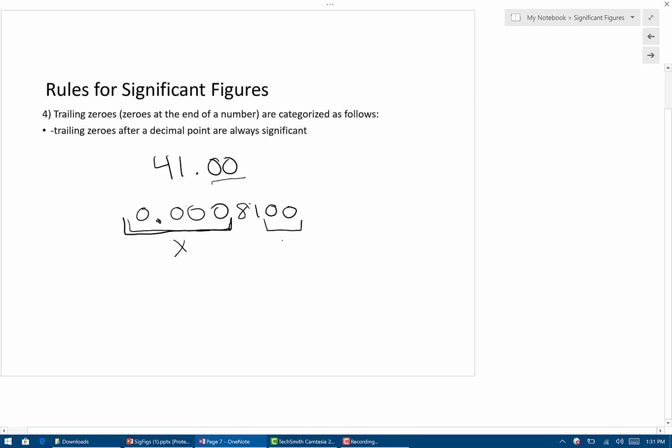They're after the decimal point and they are significant. So this number would have four significant figures: the 8, the 1, and then these two trailing zeros because they're after the decimal point. Again, the zeros here, they are after the decimal point, but they are not trailing, right? They are leading. They're in front of any non-zero number.